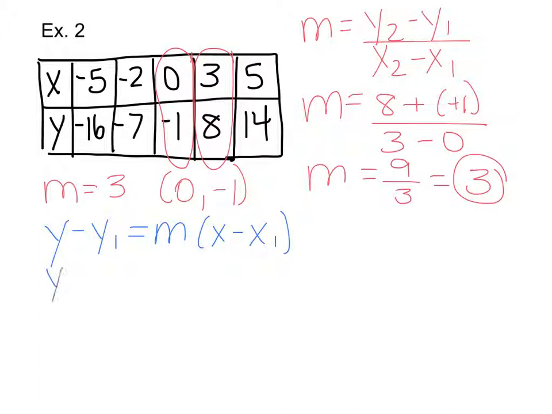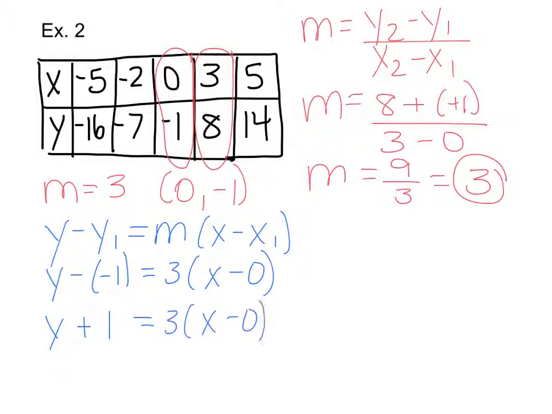So we'll have y minus negative 1 equals 3 times x minus 0. What we need to do is to simplify this minus negative and just show it as we're adding. And that would be it for point-slope form.